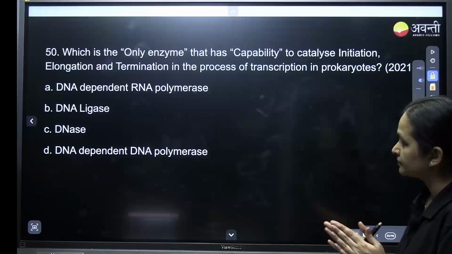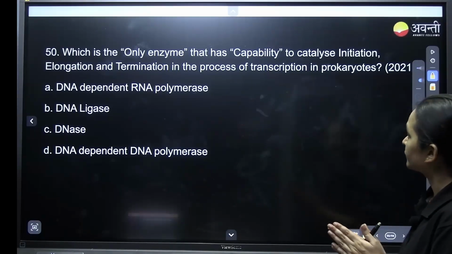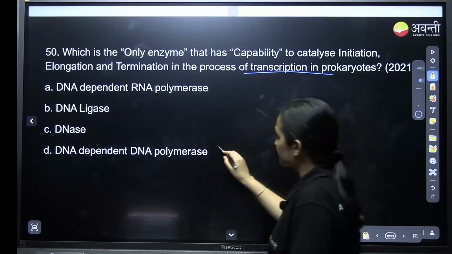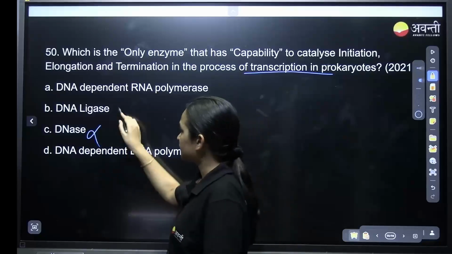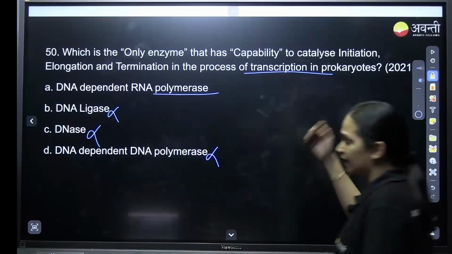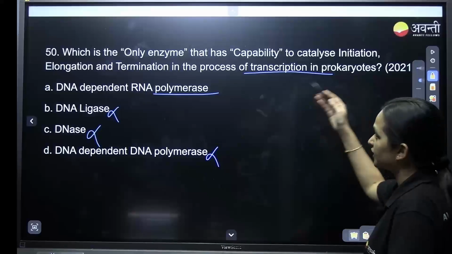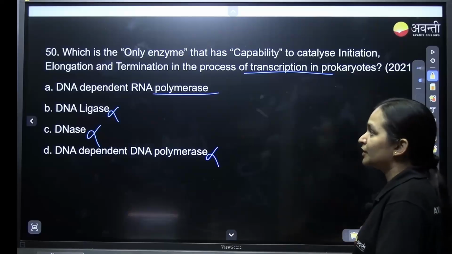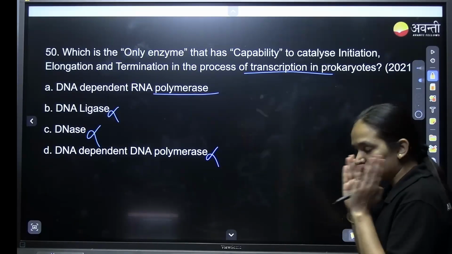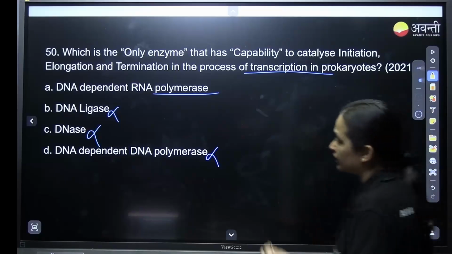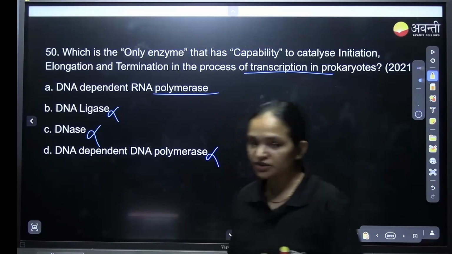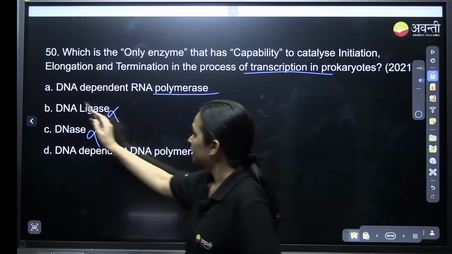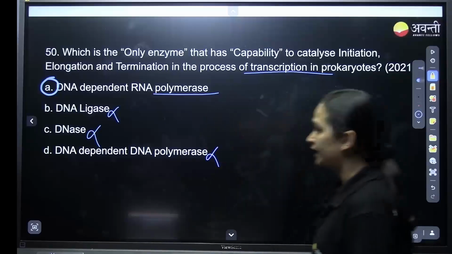That is... ट्रांसक्रिप्शन प्रोसेस में it is DNA dependent RNA polymerase, not DNA ligase. This is the one which has all types of activity: initiation, elongation and termination. Initiation के लिए थोड़ा factor चाहिए, that is sigma factor, and for termination it is the rho factor. But RNA polymerase is the one who is doing all this, like the only enzyme. Eukaryotic जैसे RNA polymerase 1, 2, 3 ऐसे कुछ नहीं है. It is RNA polymerase, it is DNA dependent RNA polymerase.